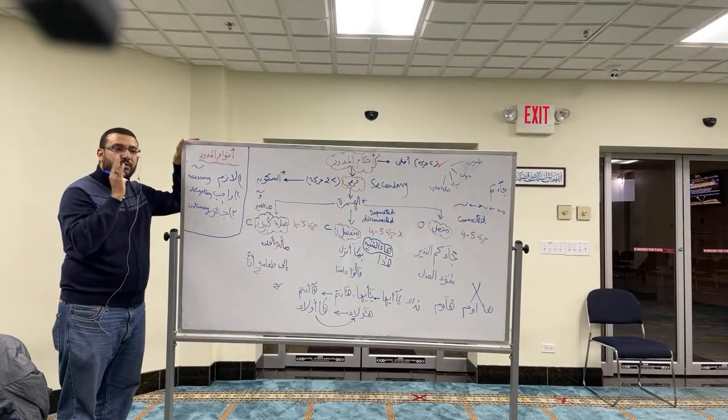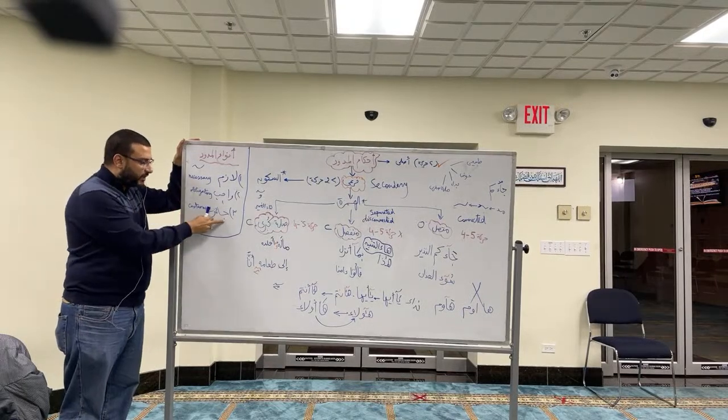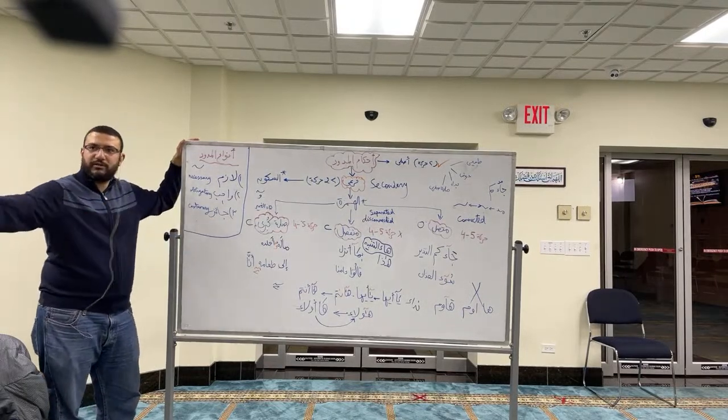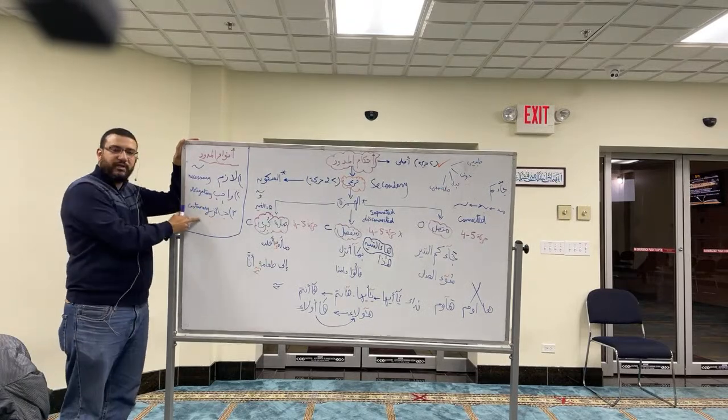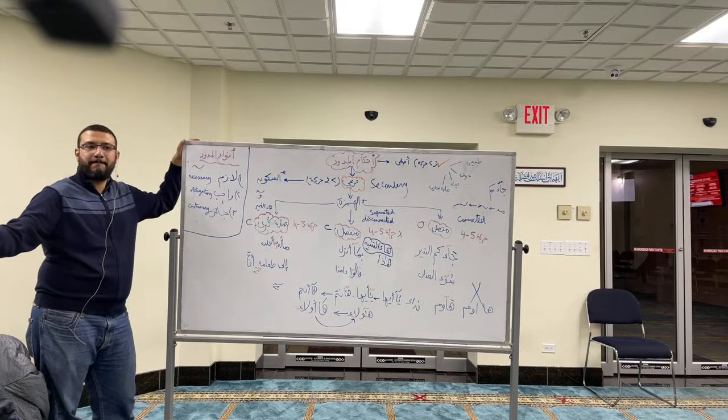Right? Just be consistent in your recitation. If you decide to do this, do it throughout your recitation. If you decide that you're not going to be able to do it because you have a short breath like myself, don't do it at all.